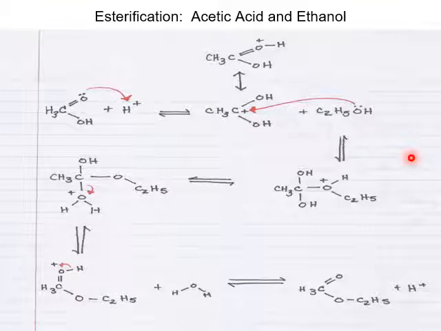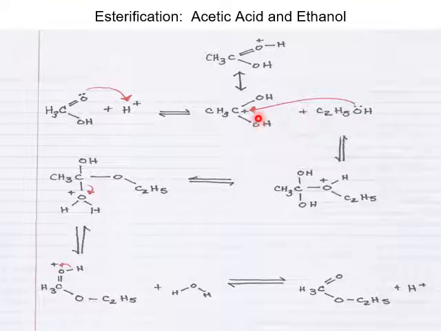About the esterification reaction, for example, when we use acetic acid and ethanol, because we have an acidic medium, the proton will attack the electrons of the oxygen, so we'll have a carbocation.